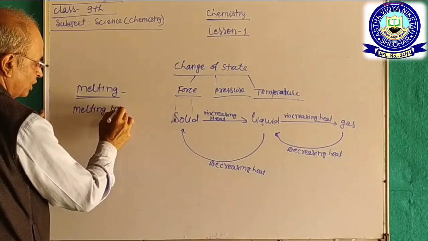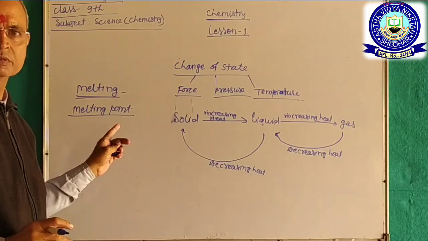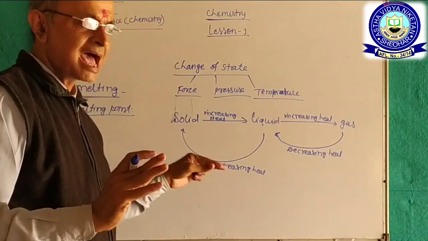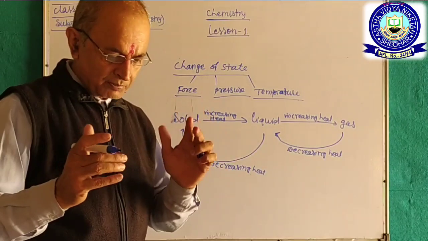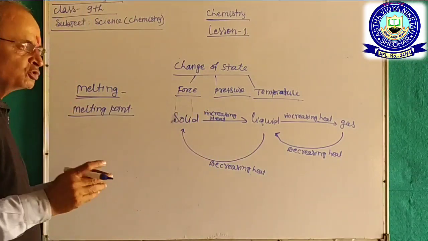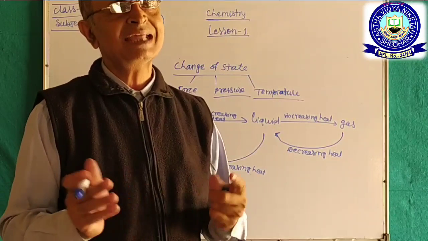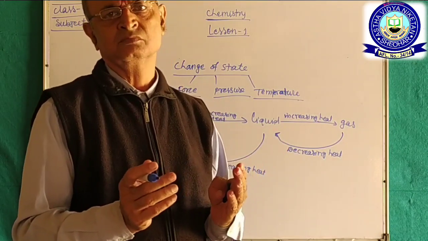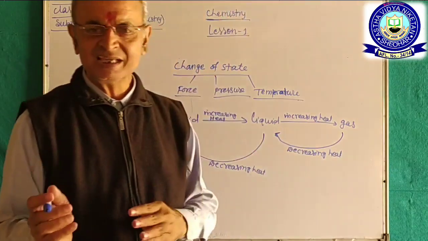Melting is the process, and melting point is the temperature. After that, we should think that when we are heating that substance, where does that heat go? We should think about that.